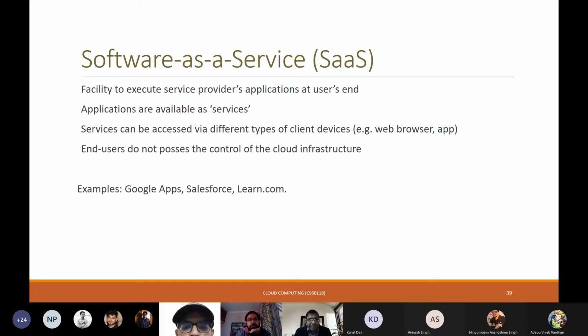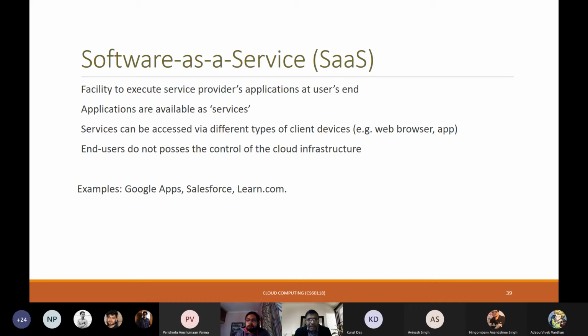offering to the businesses. So software as a service, here basically what you get is some kind of a facility to execute the service provider's applications at the user's end. And these applications are available as services. So software applications, right?